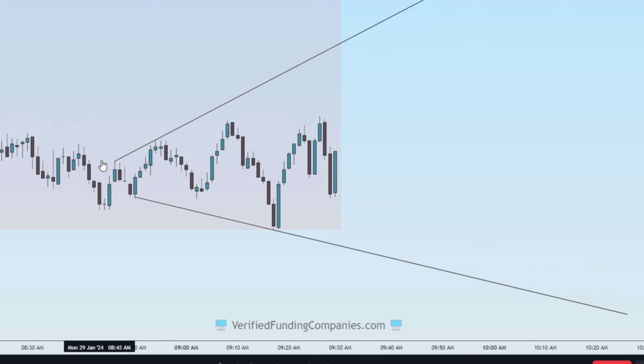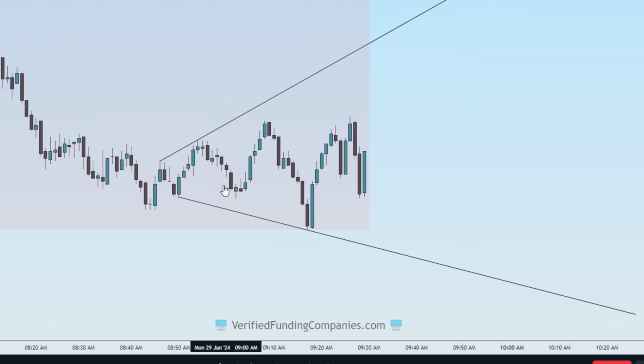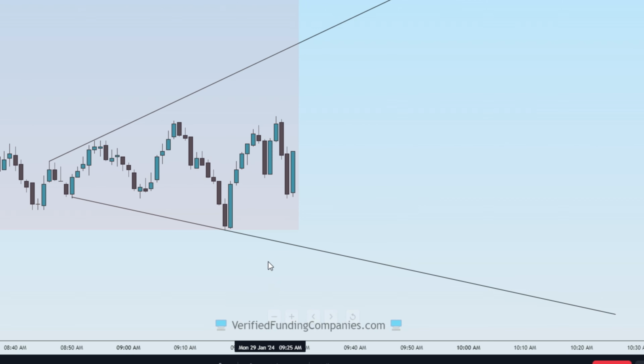Now we already have connected 1, 2. So I would only take maybe 2 more of these, unless it forms a new one. A lot of times it's going to form one and then break out of it and start another one.